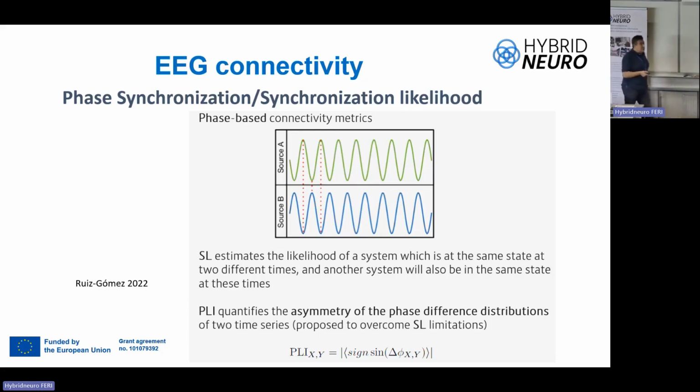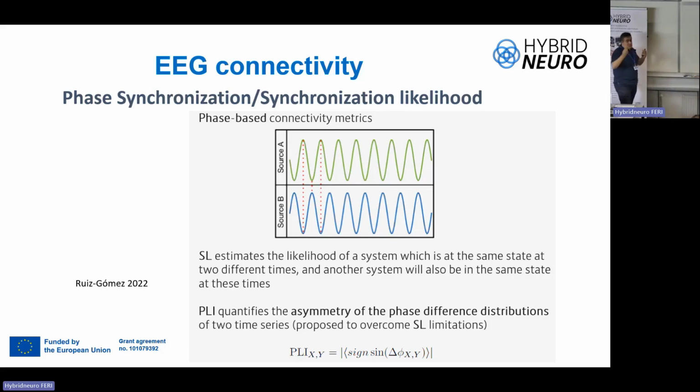The phase is very important, or more important than the magnitude, because think about that in each electrode the contact electrode impedance can change and can also be different between them.